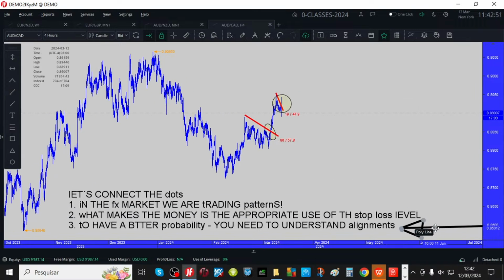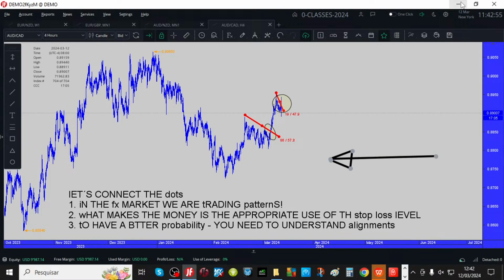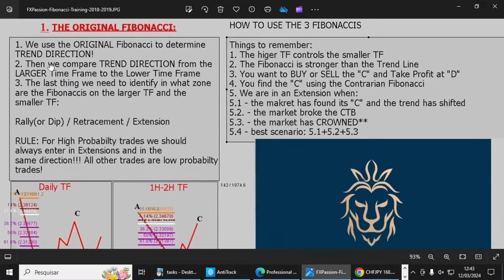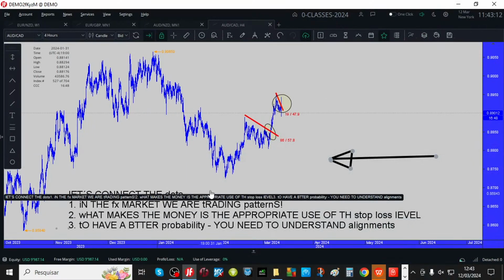Now, just to answer the question, should I be shorting or should I be going long? From the Fibonacci theory, what does it say? We are using the original Fibonacci to determine trend direction. Then we compare trend direction from the larger time frame to the lower time frame. Alright?